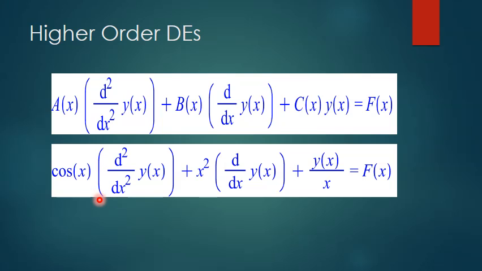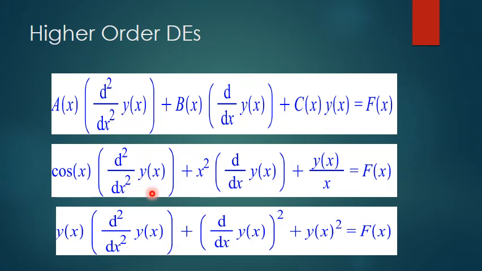What kind of coefficients could we have? This is an example of the type of coefficients we can have. Now, we're not going to start out solving one like this, but I just wanted you to know what one looks like. What does a nonlinear differential equation look like? This is nonlinear.